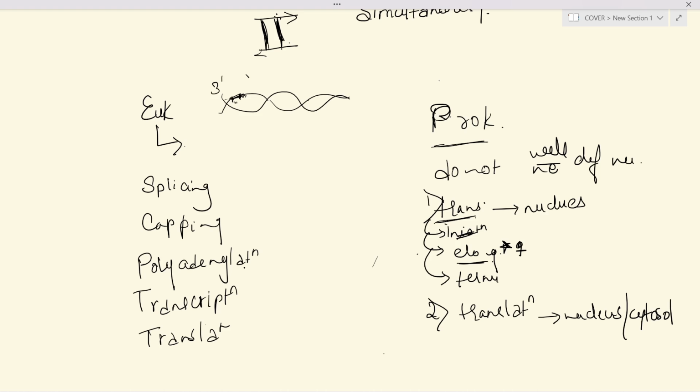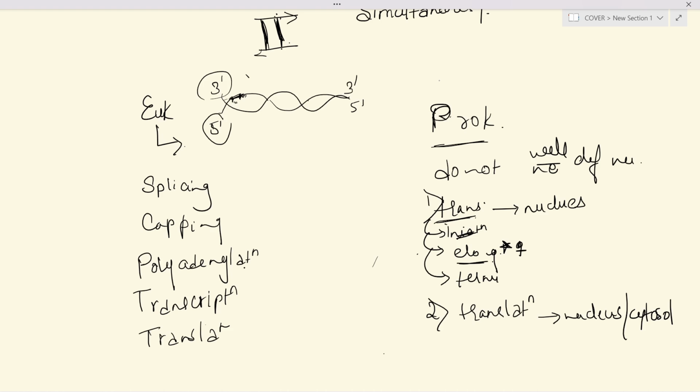In capping, we'll first mark the 3' and 5' ends. In capping, the 3' end and the 5' end need to be well defined, because the 5' end is the place where methyl guanosine triphosphate is going to be added.